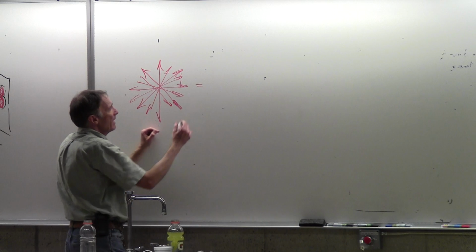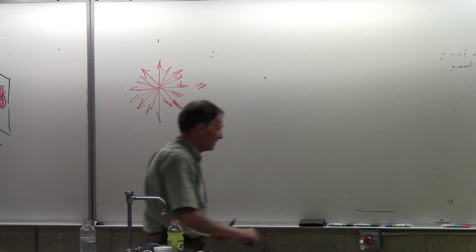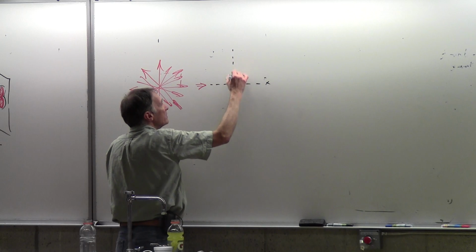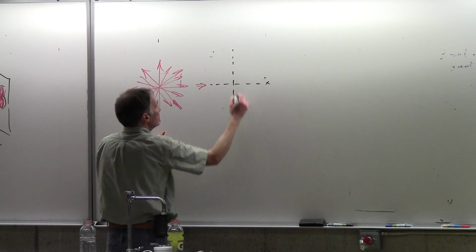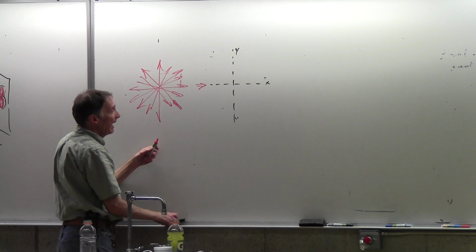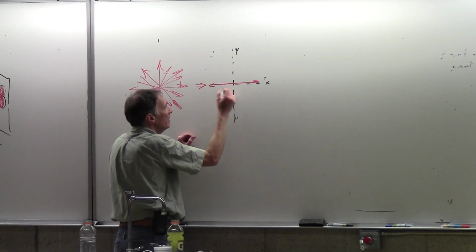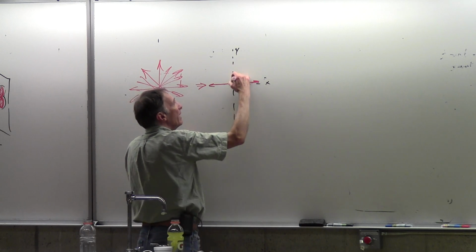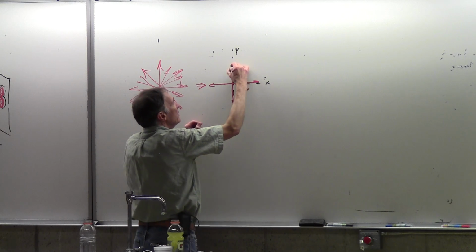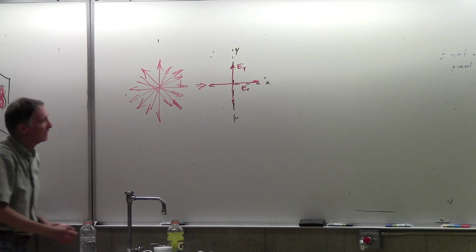So I can take this and I can say that I'll just decide that I want to have a particular axis. Let's say I want my x-axis like this, my y-axis like this, and I can break these up into components, both x and y. I can add all the components, and I should be able to resolve this thing into E in the x and an equal amount if it's unpolarized and the same in all directions is E in the y. Got these two.